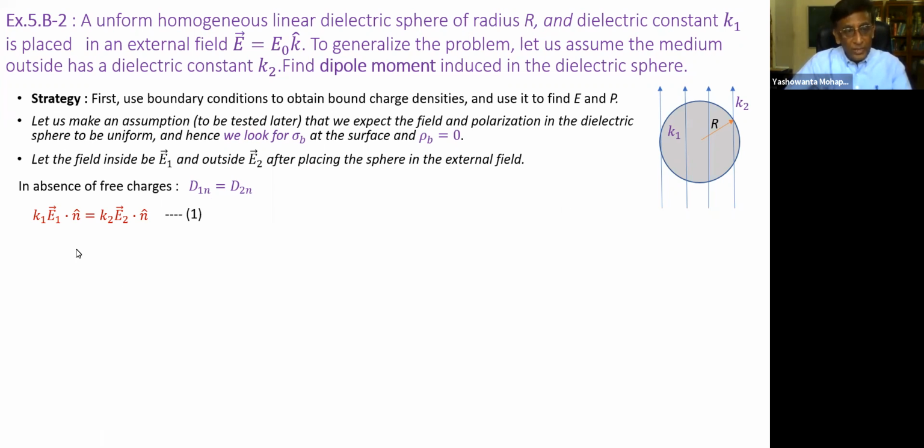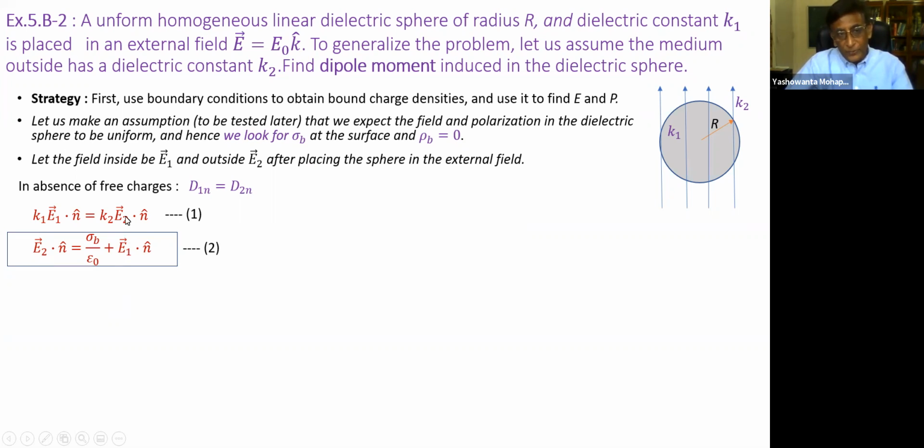Now I can also write that, if there is some sigma b at the interface, then E2 dot n must suffer a jump of sigma b by epsilon naught. So E2 dot n must be sigma b by epsilon naught plus E1n as I'm going out. That is my second condition.